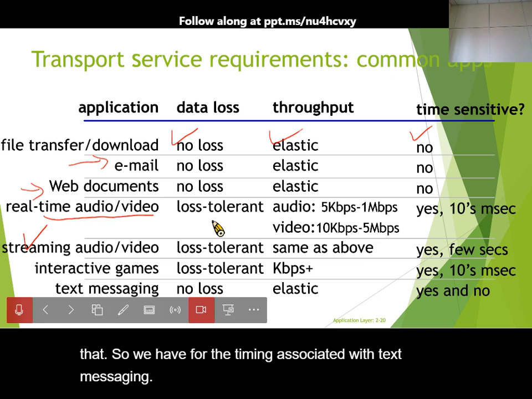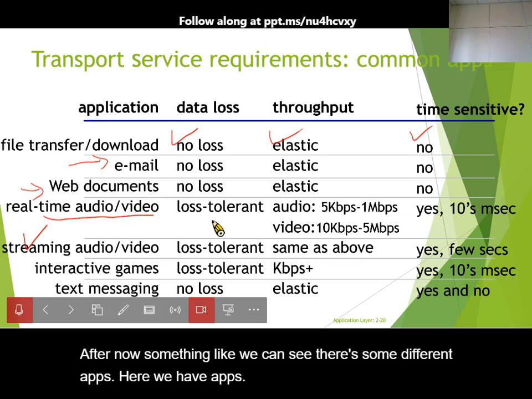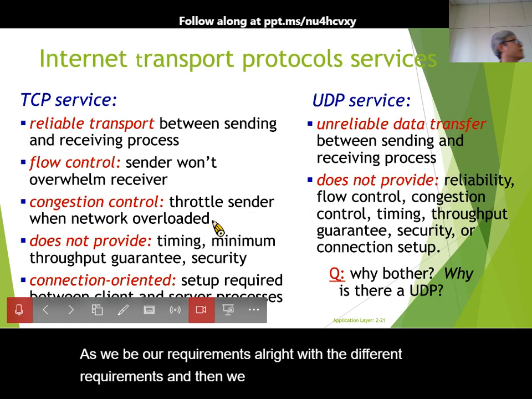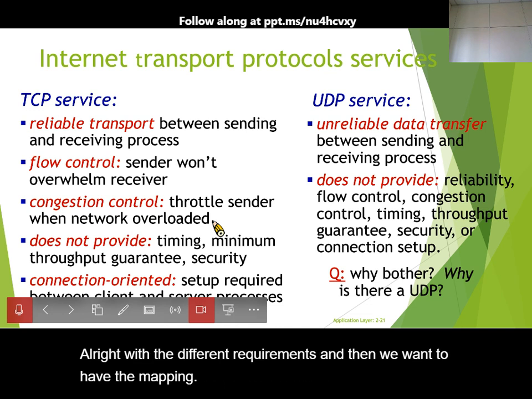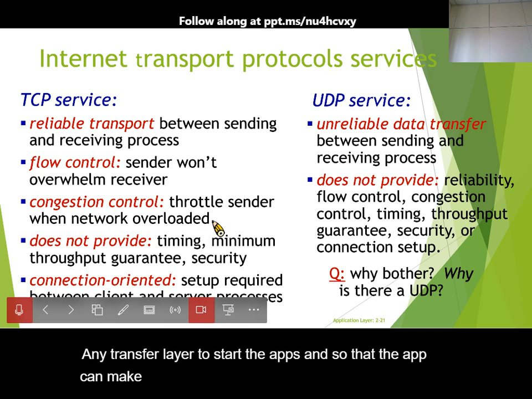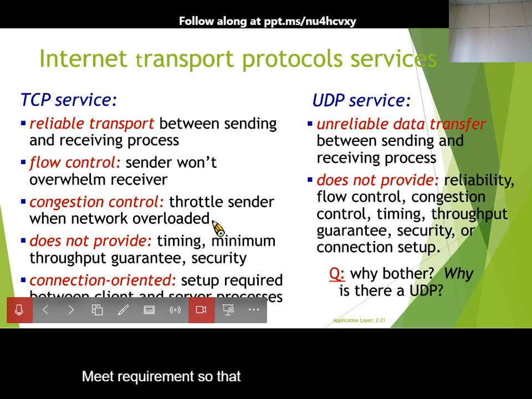Well, up to now, we considered some different apps with different requirements. Then we want to have the mapping to any transport layer to serve the apps, so that the app can meet the proper requirements and I can choose, for example, one of the services.